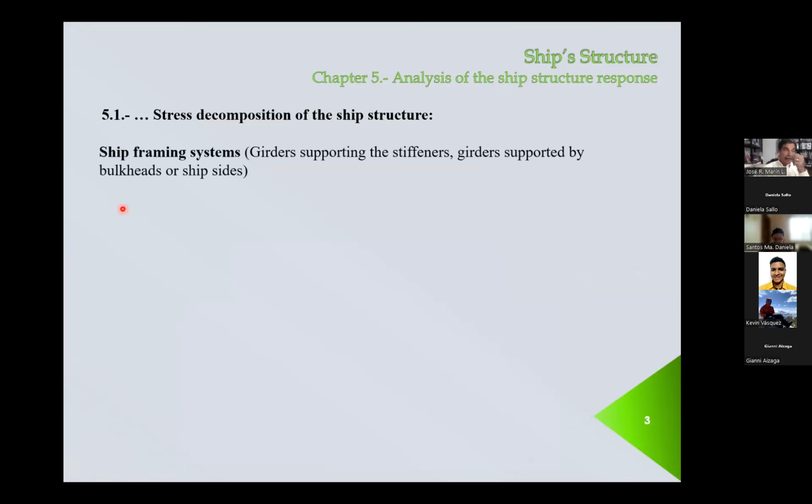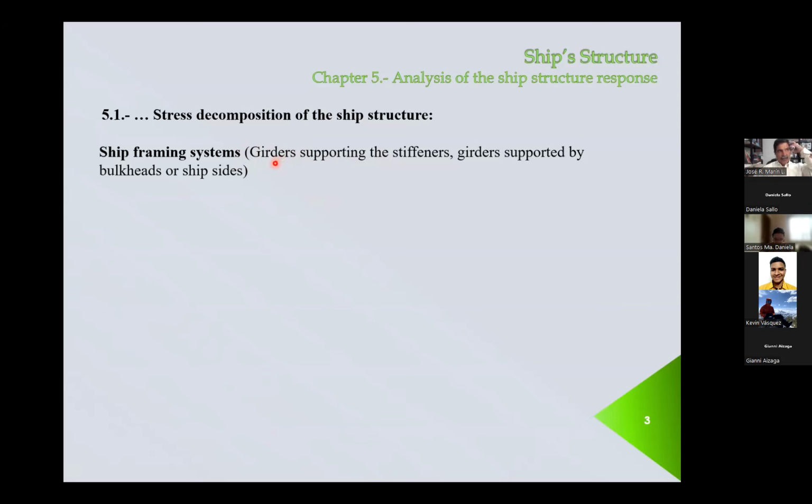We define two framing systems, but in general, they are not usually chosen in a radical way. Usually what they do is some sort of combination of the two, because both have some advantages.